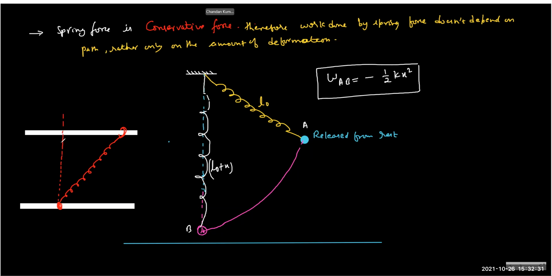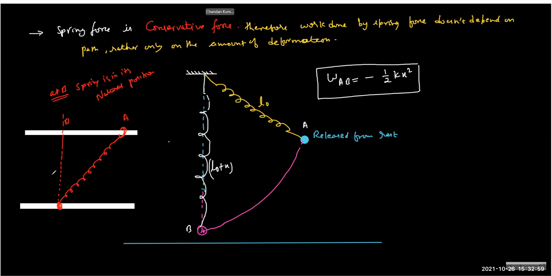So when the spring is in this position, B, B is the natural length position. At B, the spring is in its natural position.